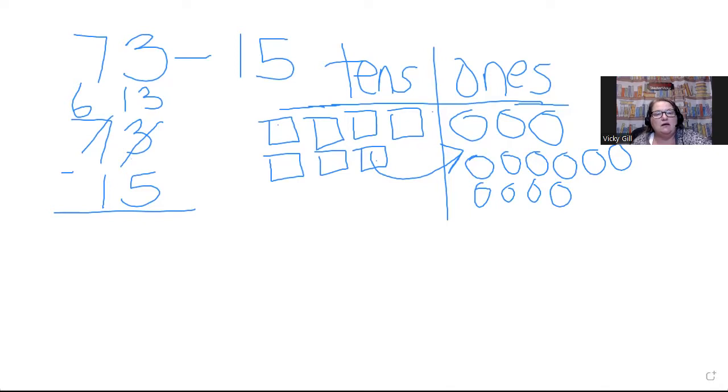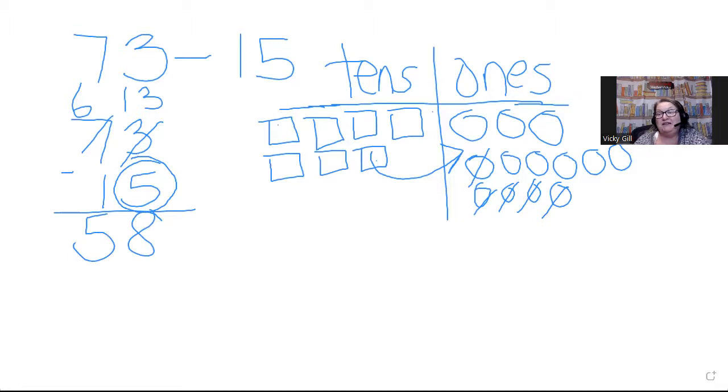And we're subtracting 5. So 1, 2, 3, 4, 5. That's it.